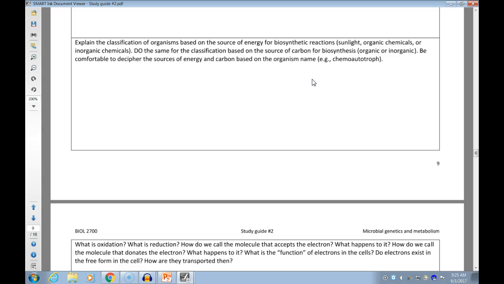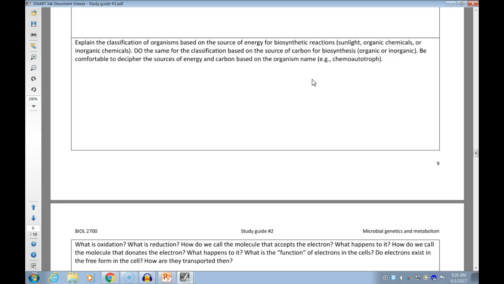But the point is, there are questions like chemoautotrophs and then the definition. That is a question that you may see. Photoautotrophs are doing this, this, and that. Photoautotrophs are plants and algae.